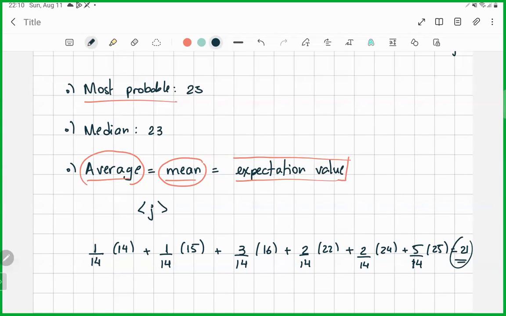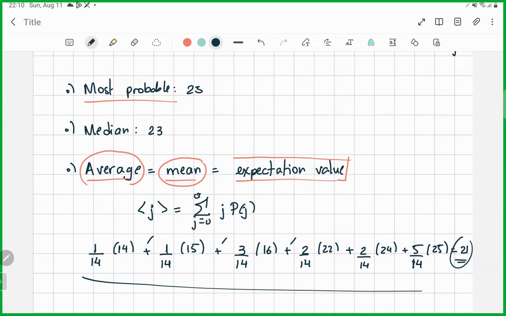But let's write this with an equation, no? A general equation. How did we compute that? Well, we did the sum, no? So you see here the sum of each age multiplied by its probability, no? From 0 to infinity.